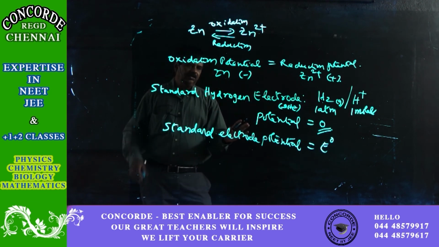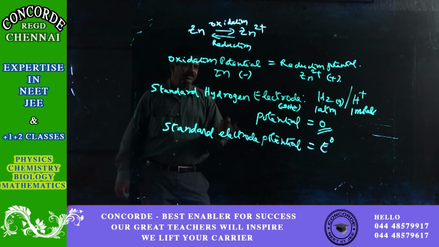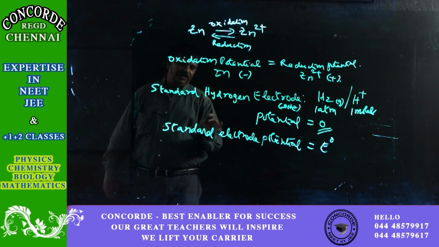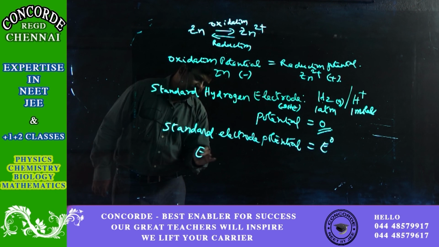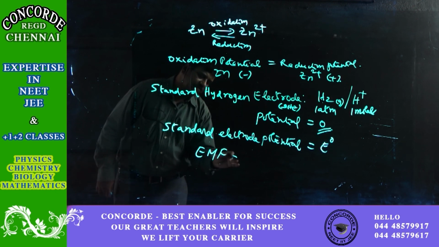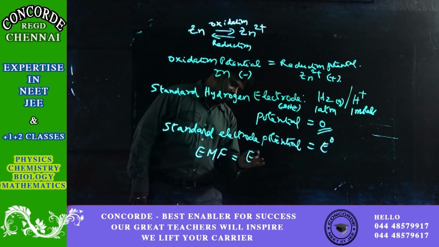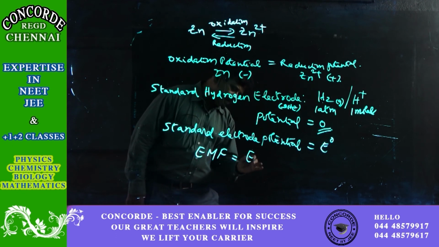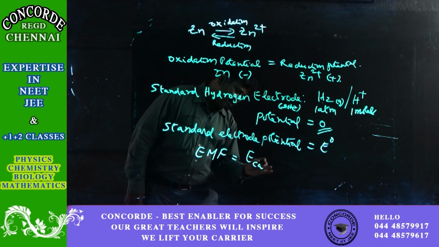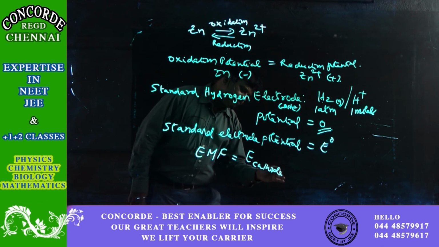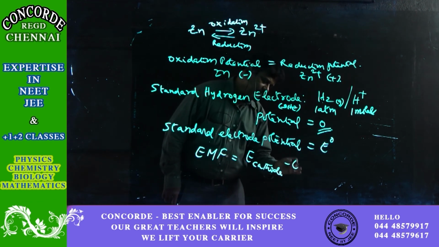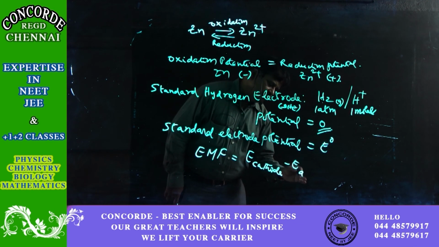Okay. So based on this, very easily we can now find out the EMF. What is the EMF? EMF is the potential difference. If you have a cathode compartment and an anode compartment, then it is E cathode minus E anode.